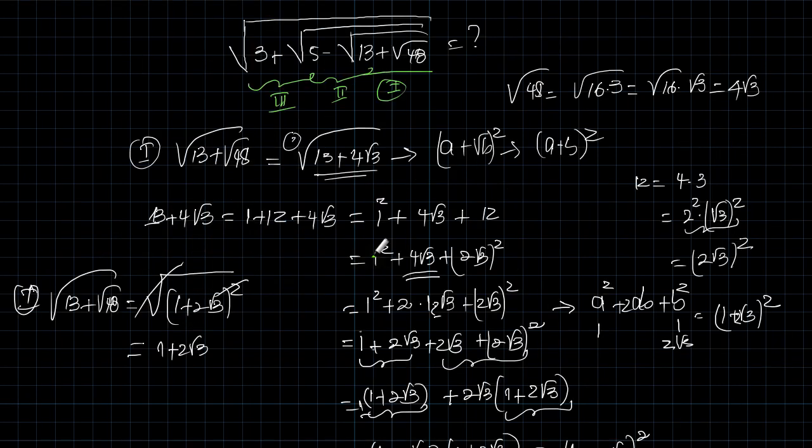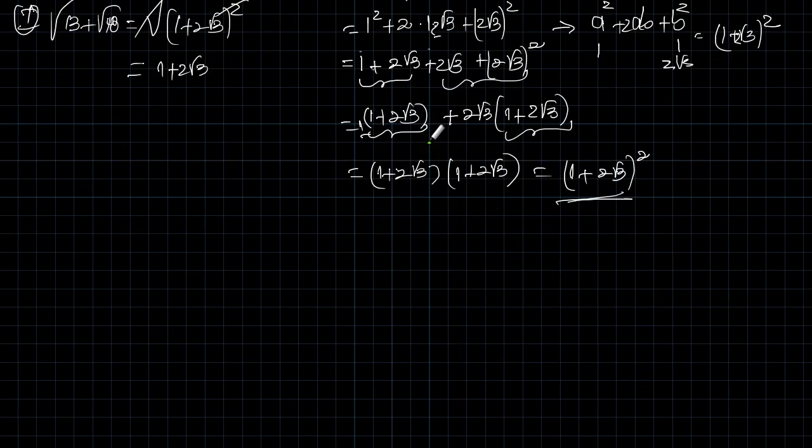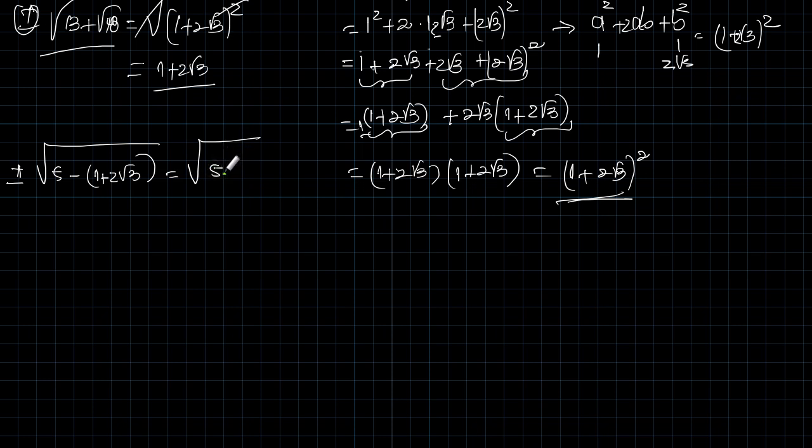So now remember that we have the square root of 5 minus this, so we're going to write this. We want to work on our second case, which is the square root of 5 minus the result of this, so it's minus 1 plus 2 square root of 3. So this is going to be the square root of 5 minus 1 minus 2 square root of 3.